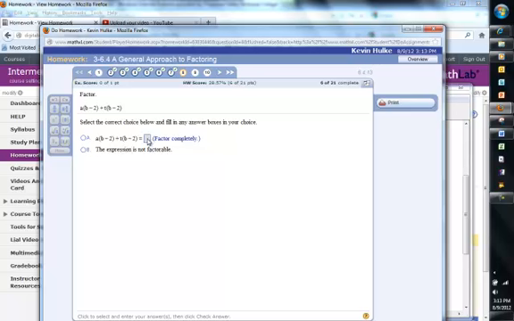Factor this one. We can factor a b minus 2 out of both of them. And so we have a b minus 2, and we're left with an a plus t.